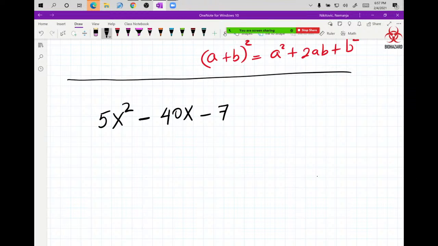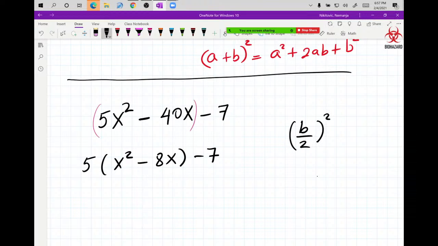All right, we start by blocking off this and kicking 5 out, so x squared is single. Now when you do b over 2 squared, you have 8 over 2 squared, which is 4 squared, and the magic number is 16.